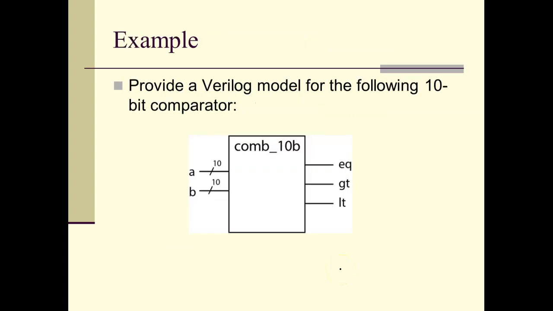We're going to drive our discussion by using an example of modeling a 10-bit comparator. There are two 10-bit inputs. We're going to decide if A is greater than B, A is less than B, or A is equal to B. This is kind of understood in comparators, that it's A related to B and not the other way around, such that A is greater than B or A is less than B for these given outputs.